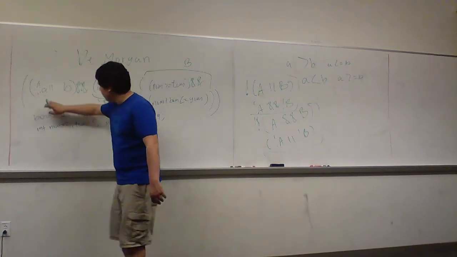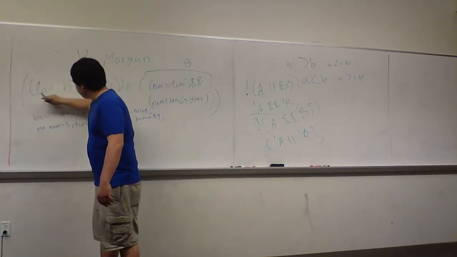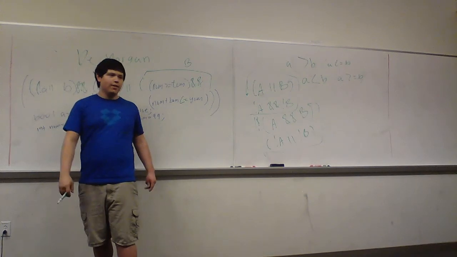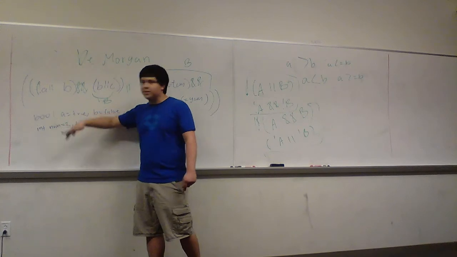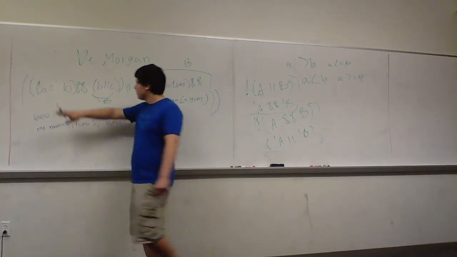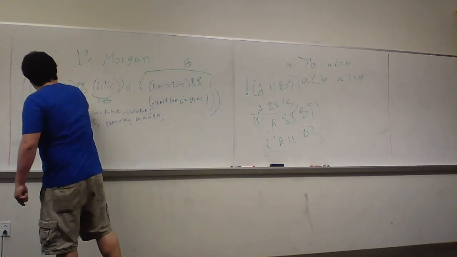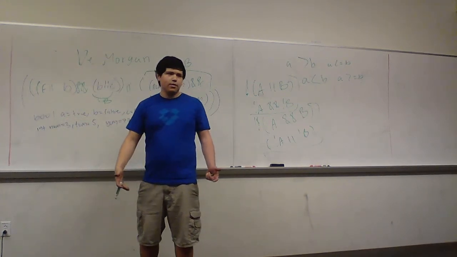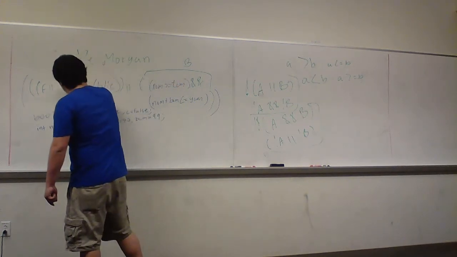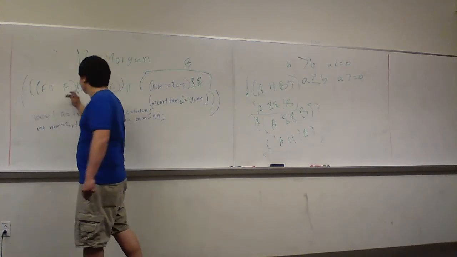So now I can use this information to determine what the value is. So not A, what is that? If A is true, what is not A? False. So I have F or B, and if B is false, then this entire expression is what? False.